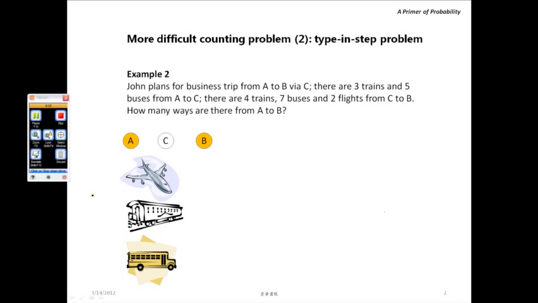John plans a business trip from A to B via C. There are 3 trains and 5 buses from A to C. There are 4 trains, 7 buses, and 2 flights from C to B. How many ways are there from A to B? Using the 4M approach, we got the motivation.